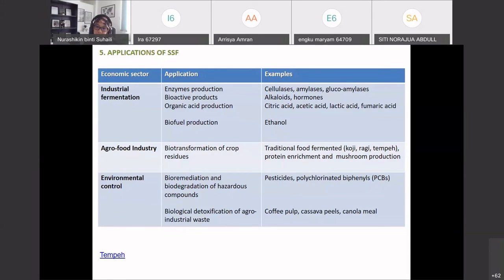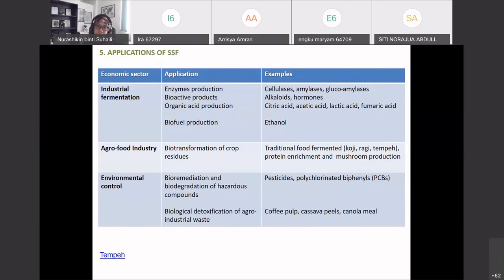Bioactive products like hormones, alkaloids, organic products, organic acid production like citric acid, acetic acid, lactic acid, fumaric acid, biofuel like ethanol. Okay, but these products are possible to be produced by solid state, but it doesn't mean that they are only produced by solid state fermentation. These products are also possible to be produced by submerged fermentation.